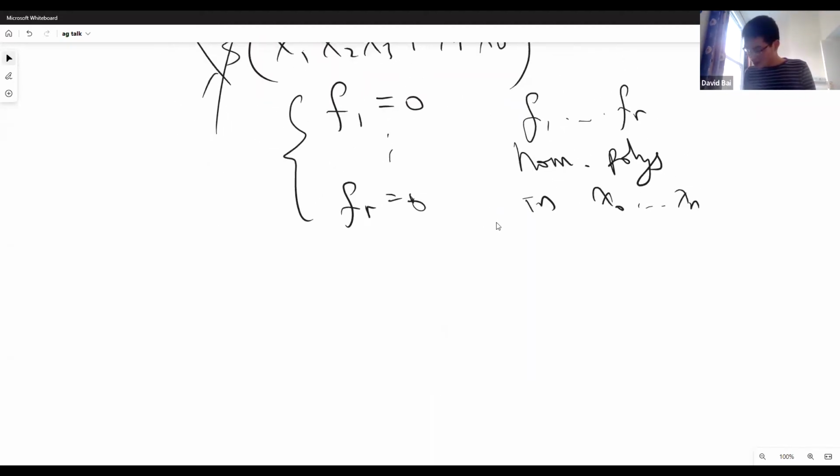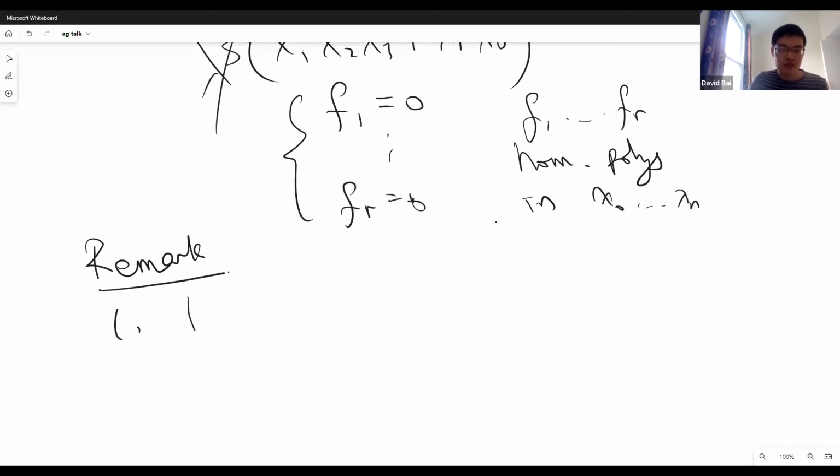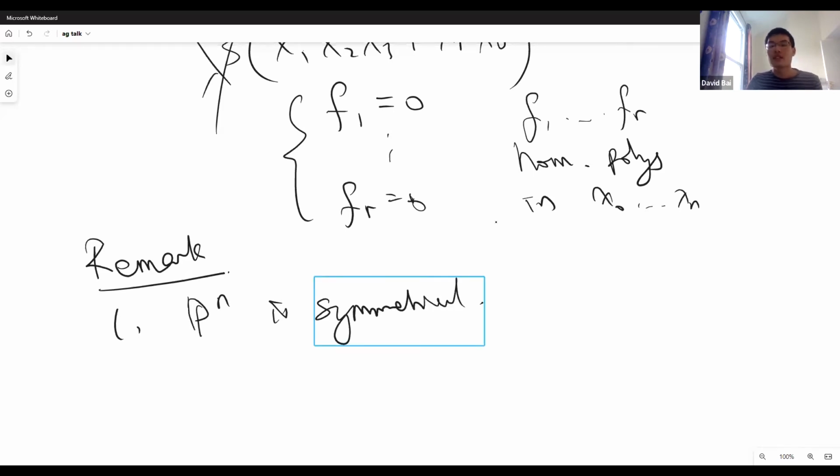I will just add a final remark. Actually, two final remarks. Firstly, Pn is very, very symmetrical. What I mean by that is that we can change coordinates.